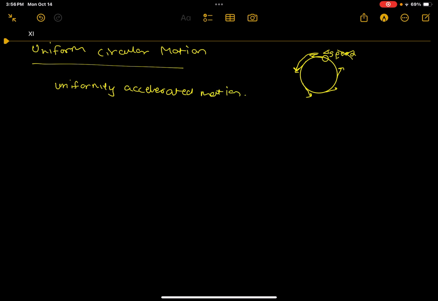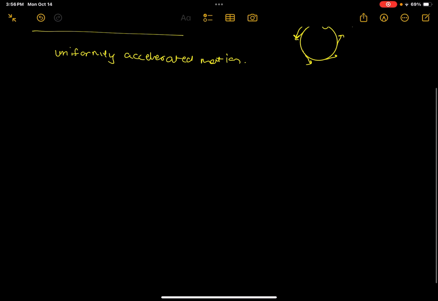Now let's dive into the angular world and talk about the different terms. In the angular world, we don't say how much distance you covered, as in the linear world.